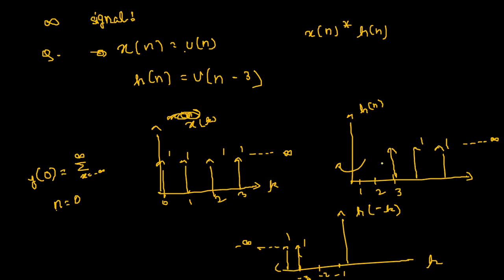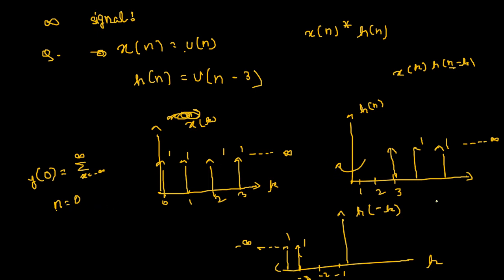So time reversal is done because that is the first step in convolution, right? The formula for convolution is x of k and h of n minus k. So the first thing that we do is time reversal, and then we time shift it by different values of n. So we have done time reversal first, and then we are shifting it one by one.